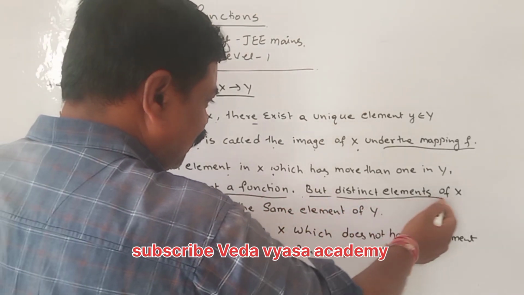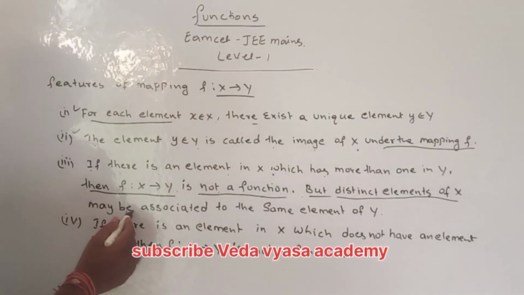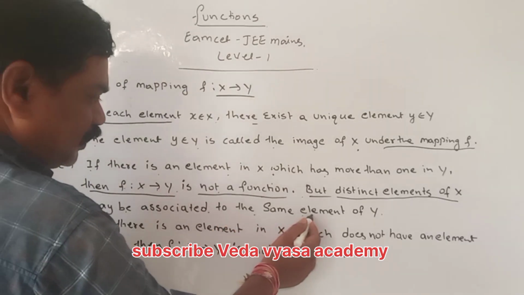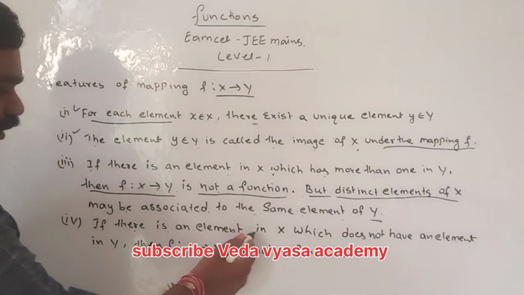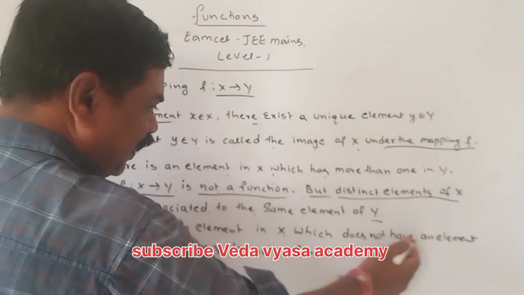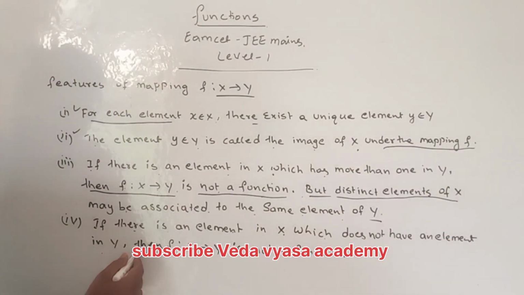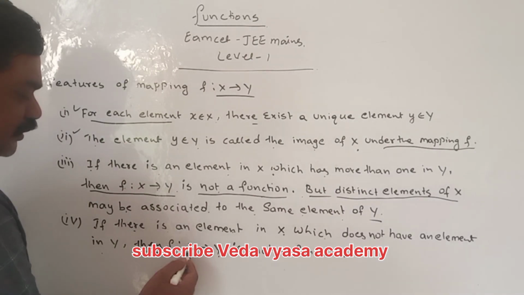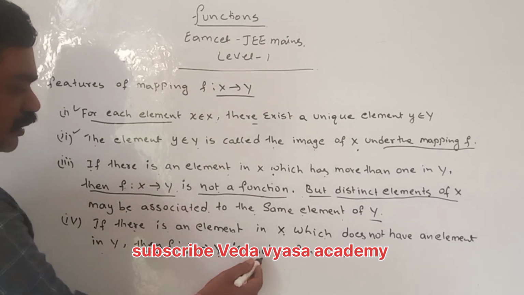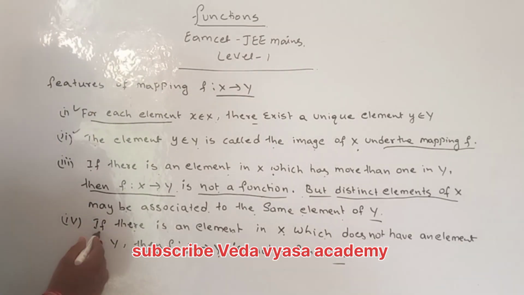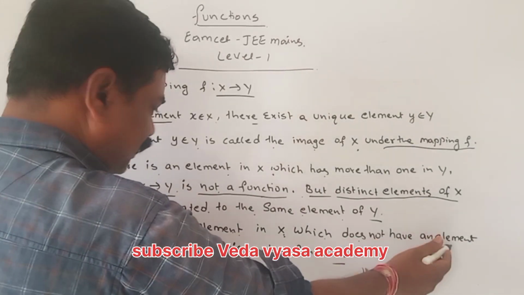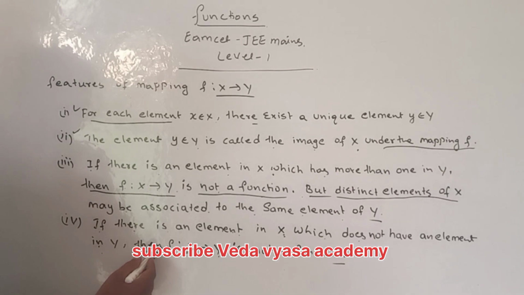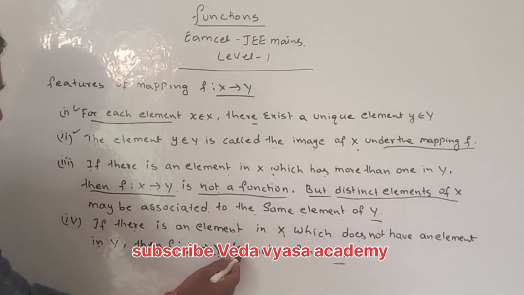But distinct elements of X may be associated to the same element in Y. If there is an element in X which does not have an element in Y, then f: X to Y is not a function.